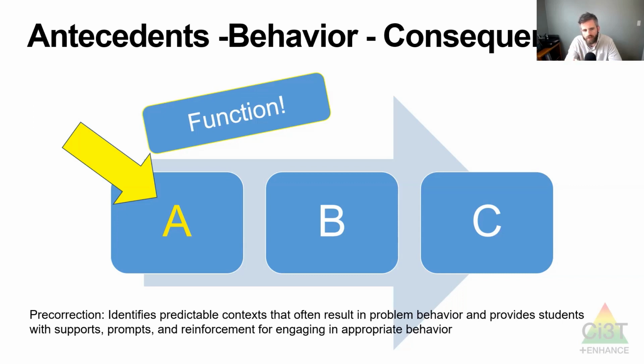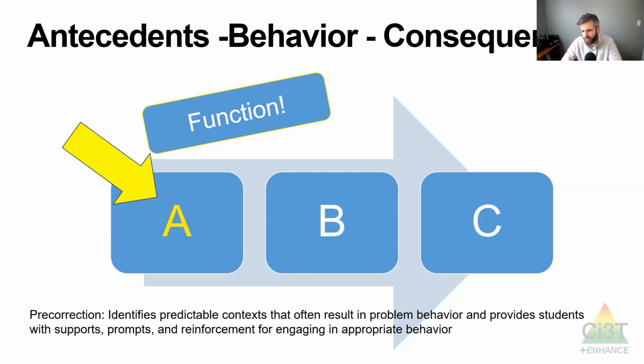What we really want to do is focus on prevention. And so when we talk about the ABCs of data, we're talking about antecedents, behaviors, and consequences. I just spoke a little bit about consequences, but what we really want to do is back it all the way up and think about, okay, what are the things that are happening when this child begins to engage in challenging behaviors? And how can we tweak the environment a little bit, maybe to prevent or minimize the impact of some of the things that might cause those behaviors to ramp up?